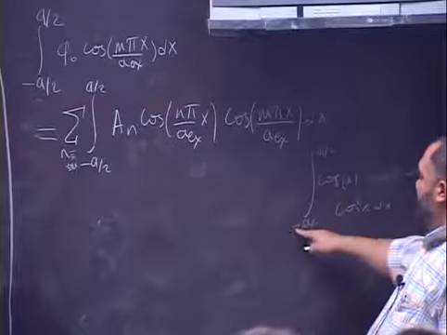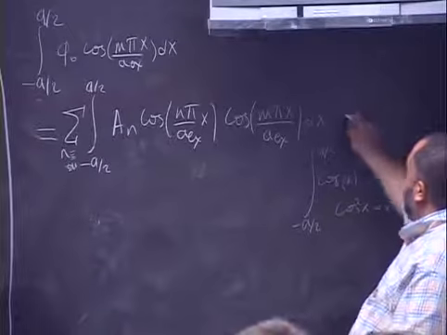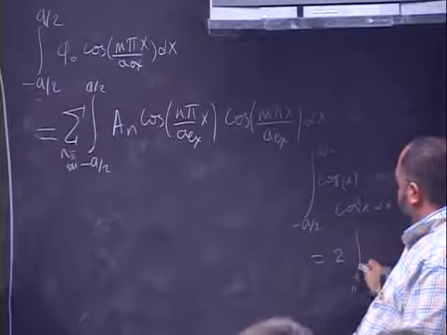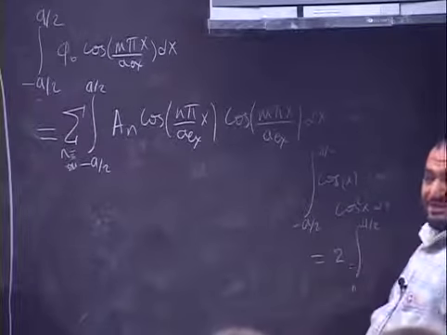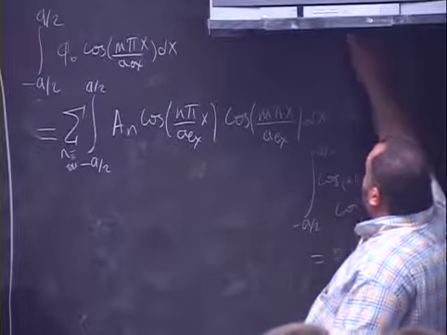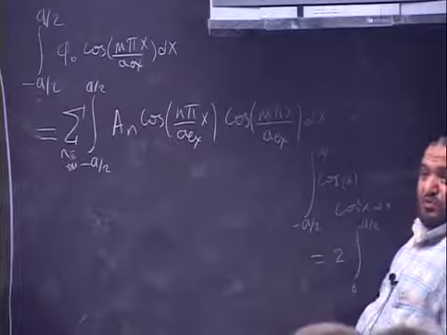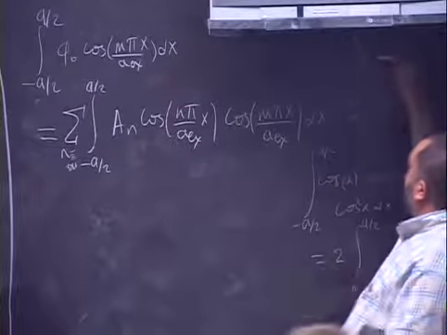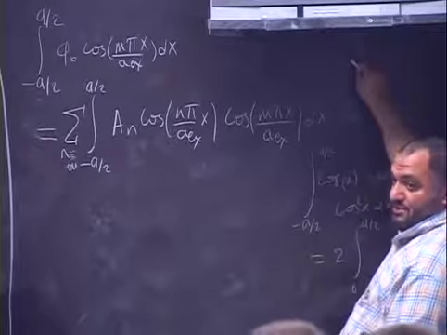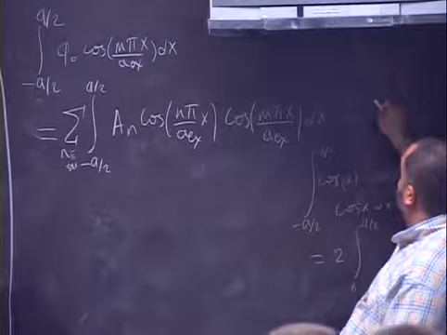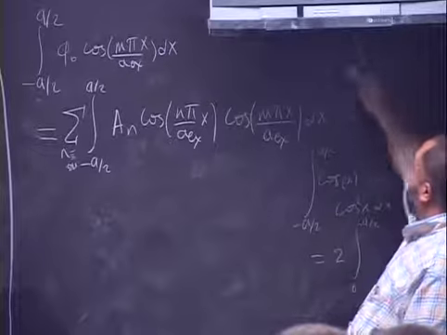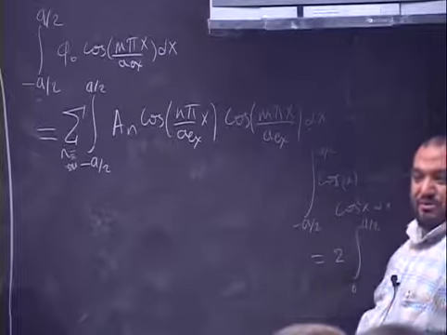An even function integrated from negative a over 2 to a over 2 is equal to twice the integration from 0 to a over 2 of the same cosine square. When you square the cosine, what you do is just bring the negative part to positive, and you double it. So this will be like this, then like this. Yes guys? When you integrate this, it will give you a number.